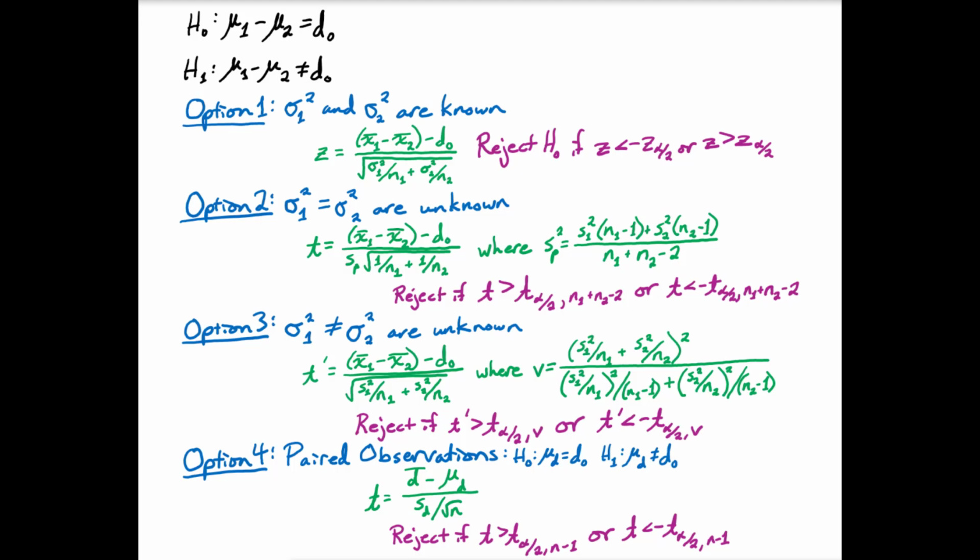Now, in this one, our null hypothesis is that our mean difference is going to be D naught, and our alternative hypothesis is going to be that our mean difference is not equal to D naught. So again, our t-statistic that we'll use should look basically exactly like what we were dealing with in the confidence intervals, and we're going to reject if our t-value that we compute, our t-statistic, is too extreme.